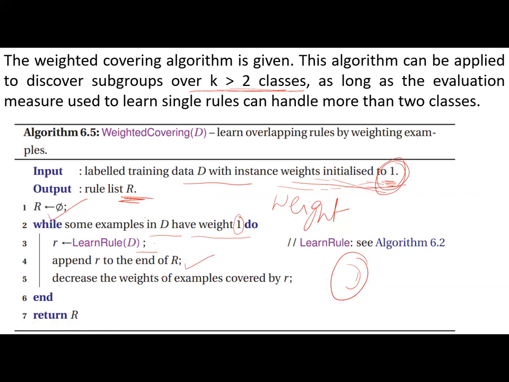Now decrease the weights of the examples covered by R. Initially the weight was 1, and now we decrease that weight. This is called the weighted covering algorithm.